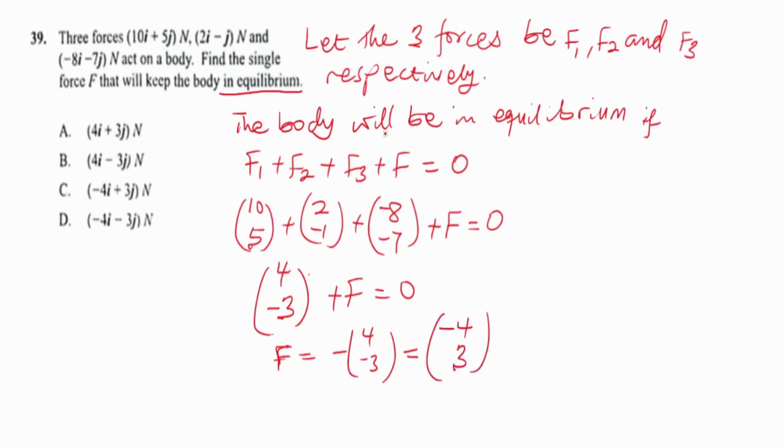So it means that F will be negative 4i plus 3j Newton. And when we look through the options, that is option C.